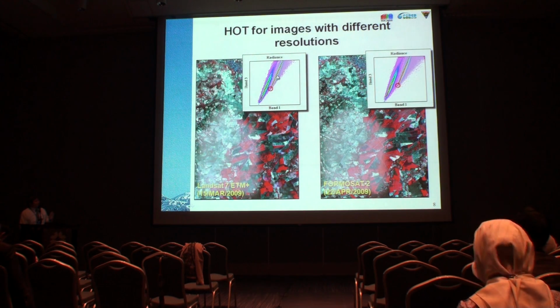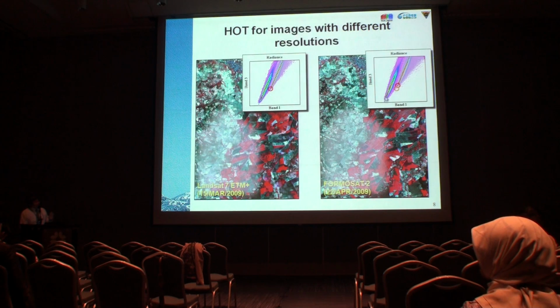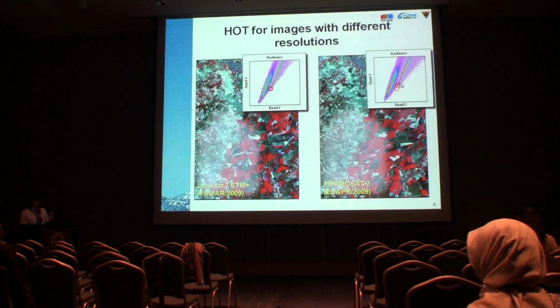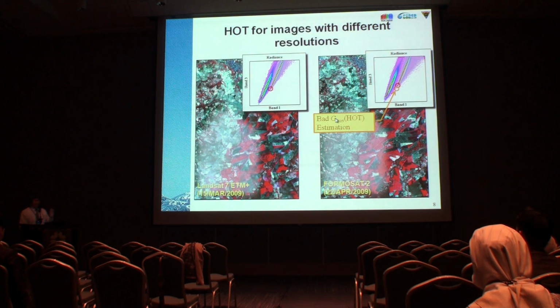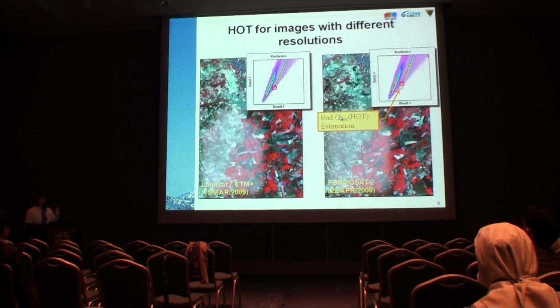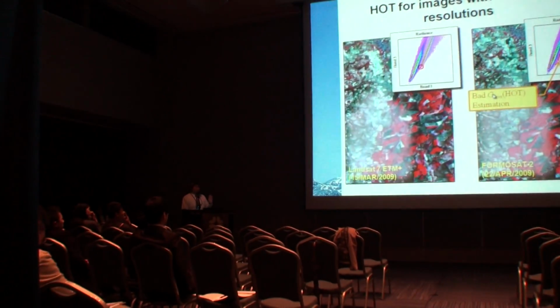But for a higher resolution image, the equivalent dark object value will be located here, because it will be affected by some detailed original ground objects, since you can see in its original scatter plot, it spreads over larger areas. So it is very possible to give you a wrong equivalent dark object estimation value.